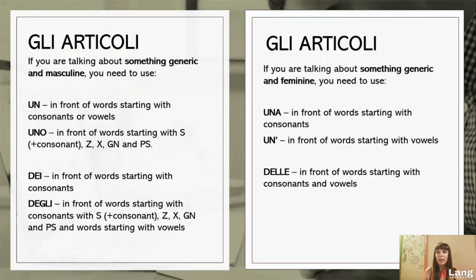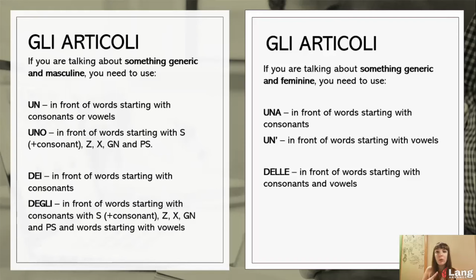Now, again, the generic form for the feminine is way easier than the masculine. Again, we have only una when we are talking about something feminine, singular, generic, and starting with a consonant, and un apostrophe when the word starts with a vowel.